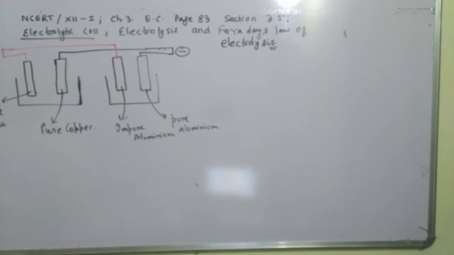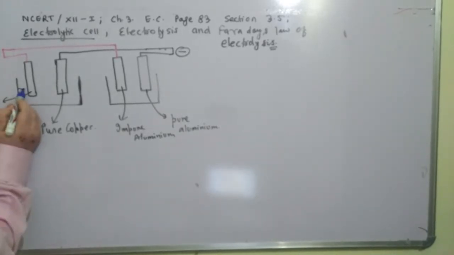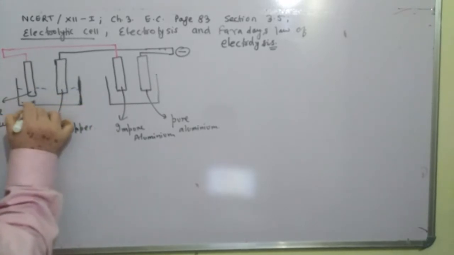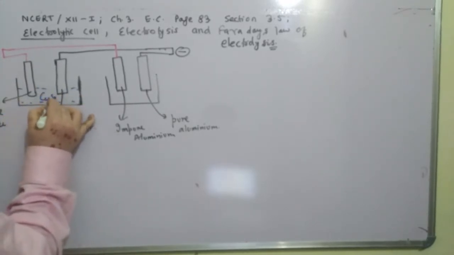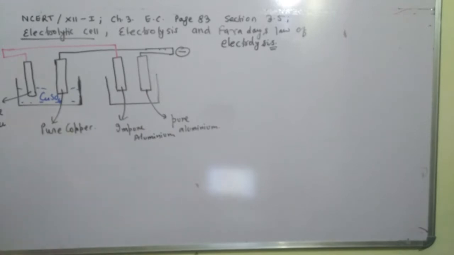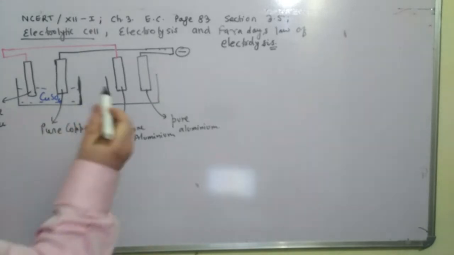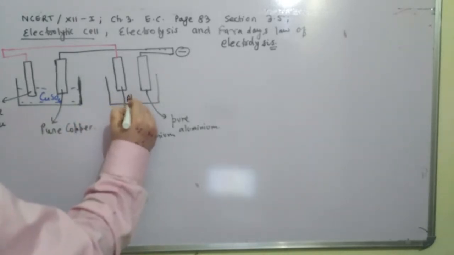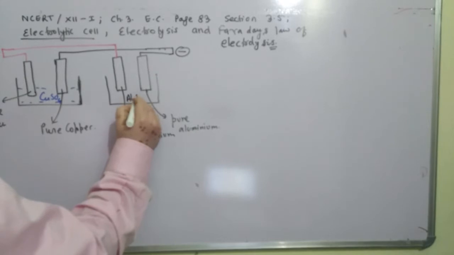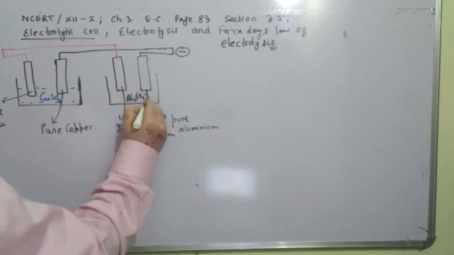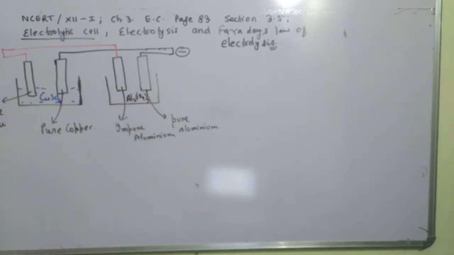And let me put electrolyte in this. Say I have put copper sulfate as electrolyte here, CuSO4, and here I have taken Al2(SO4)3 solution. They are the electrolytes.